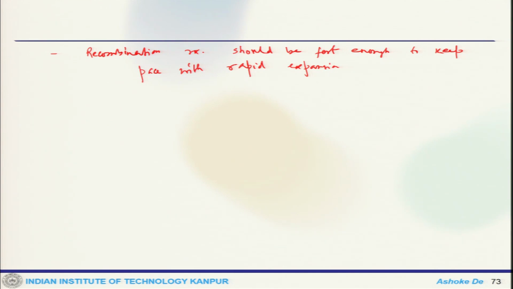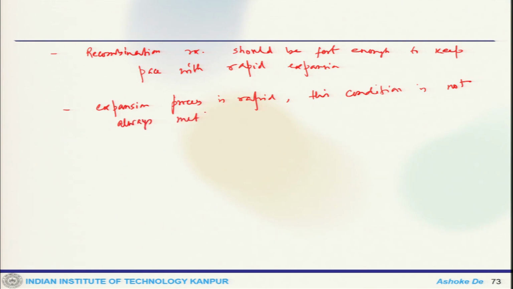Now the expansion process is rapid, so that's why this condition is not always met. In a limiting case, one can have a recombination time tau greater than the expansion time. This is your exactly frozen flow condition.